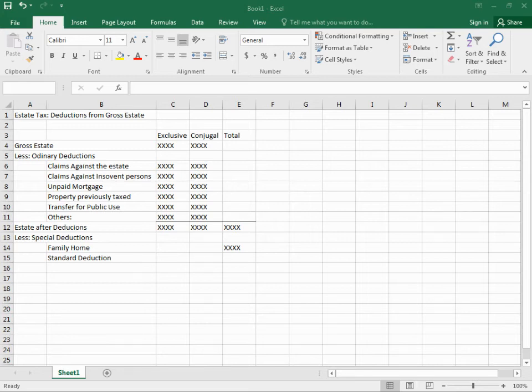Okay? So, before, yung ating standard deduction is only 1 million. Now, the TRAIN law has adjusted it into 5 million. Then, lastly, we have other deductions.